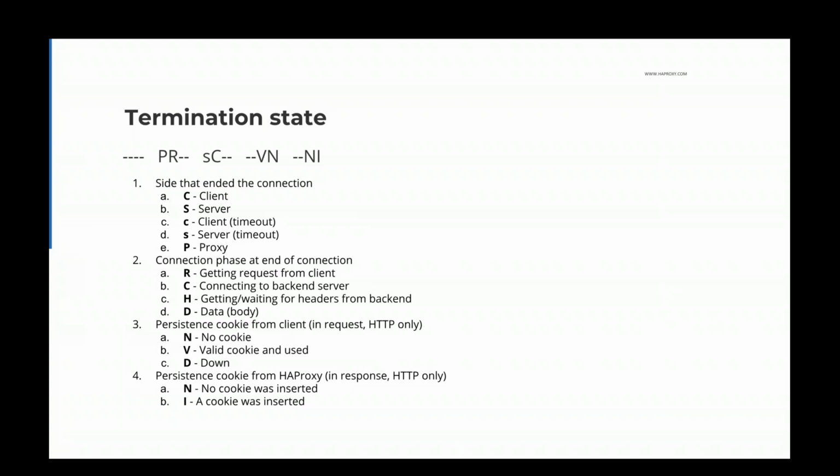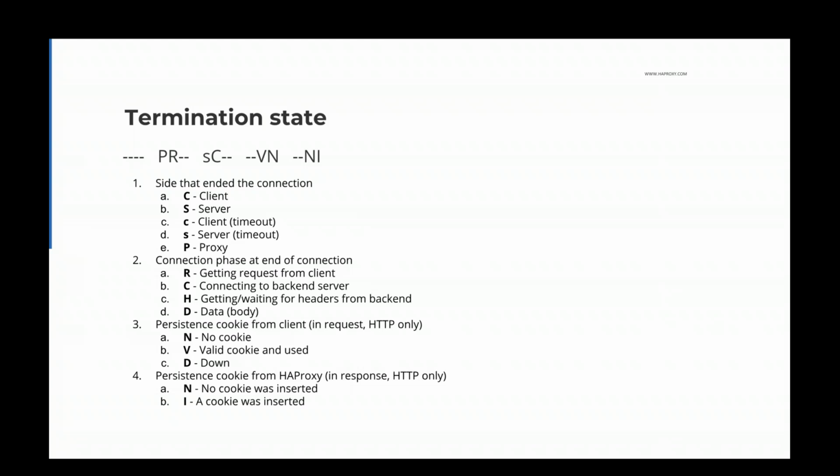In TCP mode, you will still see the same codes, but because HAProxy does not know who is supposed to be speaking, it does not necessarily indicate a problem. In HTTP mode, if the connection closed normally, in other words, the request and response cycle completed as expected, the first character of the termination state will be a hyphen to indicate that the connection was terminated normally.